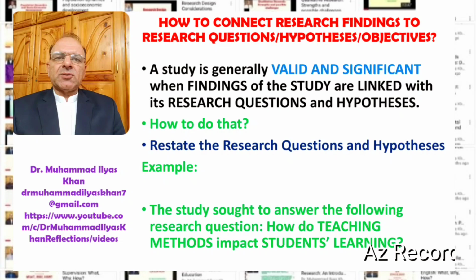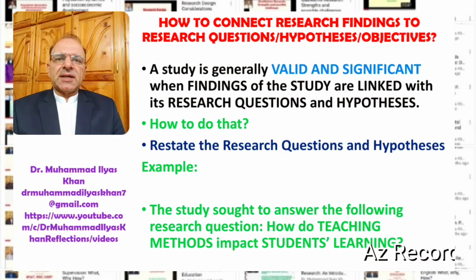How can we actually do that, or how can we actually connect our findings to our research questions, objectives, or hypotheses? So one way is to restate the research questions and hypotheses towards the end of our research. That is, when we are actually summarizing our findings and making conclusions on the basis of our findings.